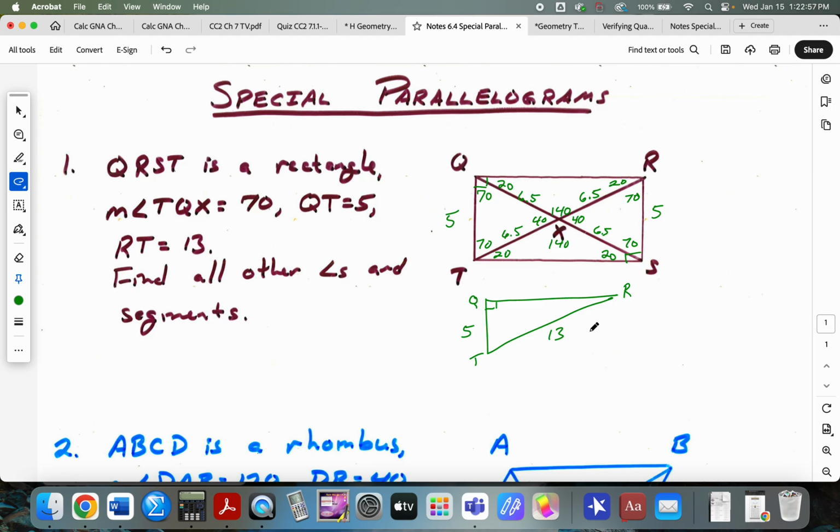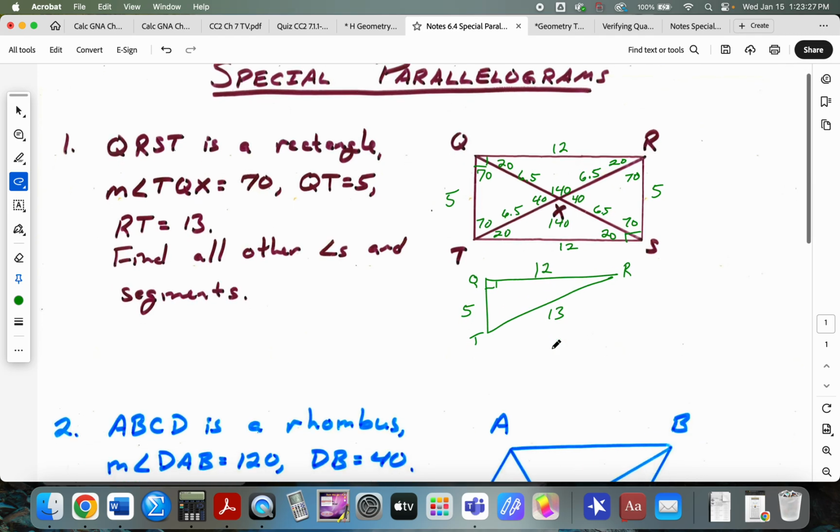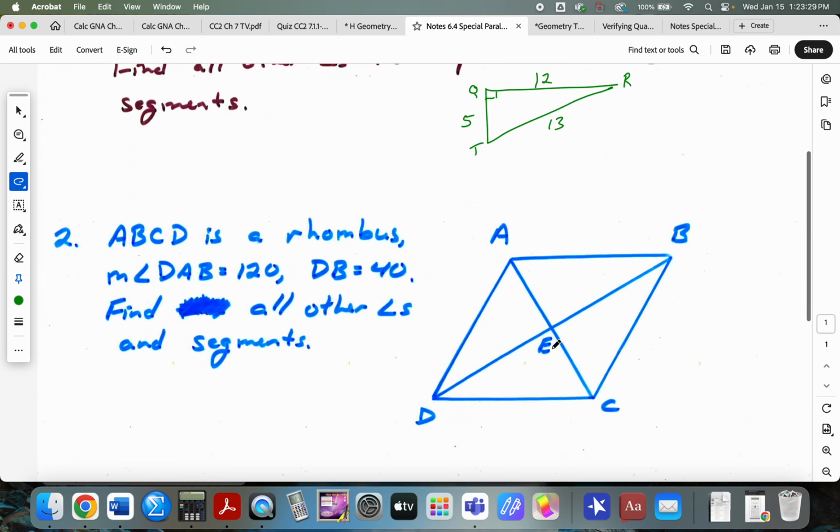What are those things called? Pythagorean triples. And what is the other number? 12. Very good. It can't be 8, because if it was 8, you wouldn't have a triangle. The reason I know that is because 5 plus 8 is 13. It's got to be bigger than that. So sometimes you're going to be using the Pythagorean theorem.